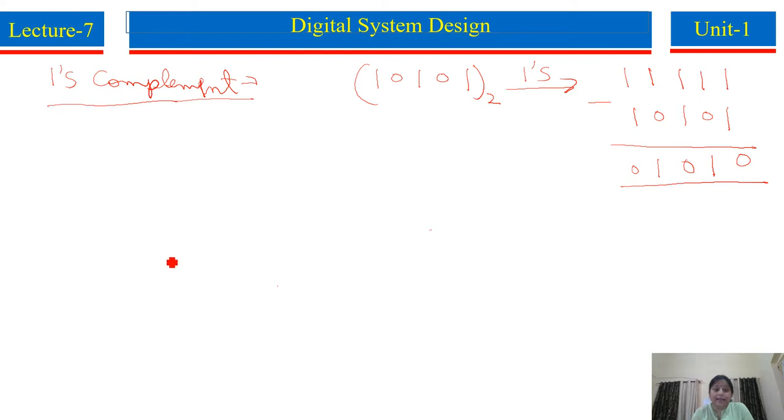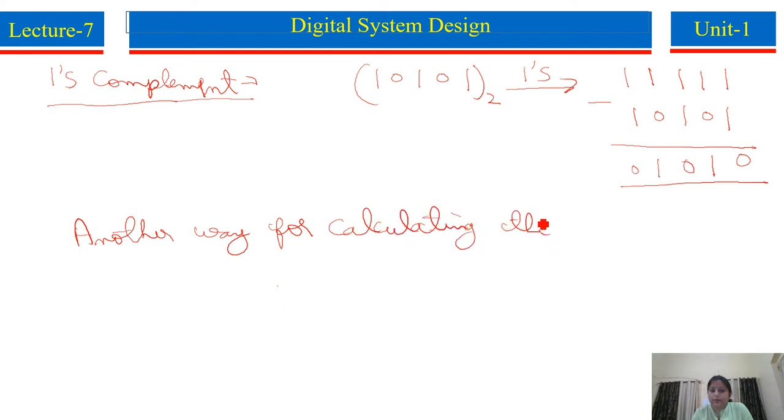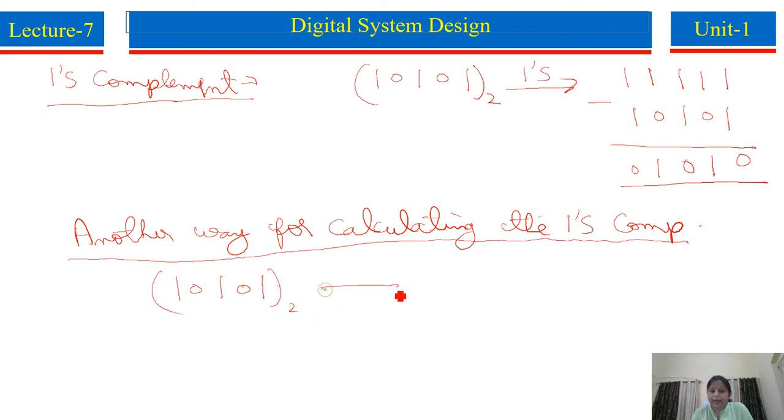Here I explain another way for calculating the ones complement. Very simple approach. कैसे निकालते हैं? The number is 10101. This number is in binary. So for calculating the ones complement of this number, you simply invert each bit.